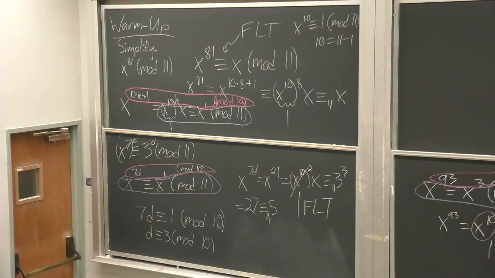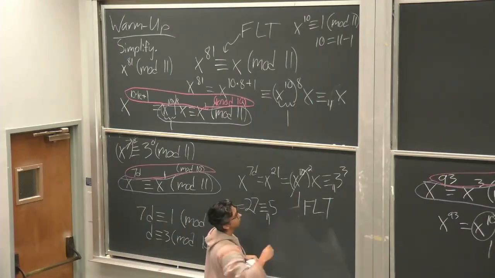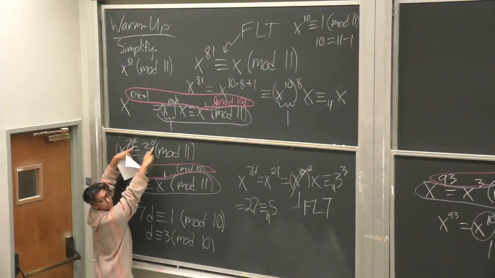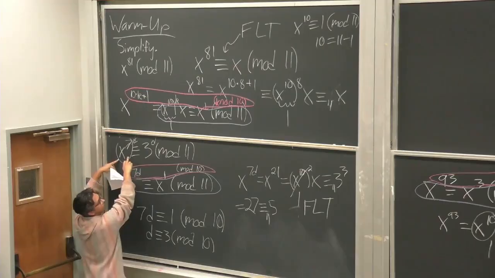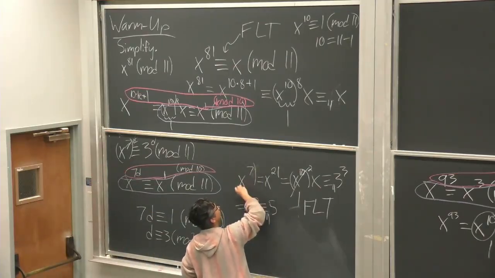Yeah? So we're looking at x to the power of 7d, and then we know that's x to the power of 21. And then we know that x to the power of 10 becomes 1. Where did 3 to the power of 3 come from? Oh, that's me raising both sides to the power of d. d in this case will be 3.